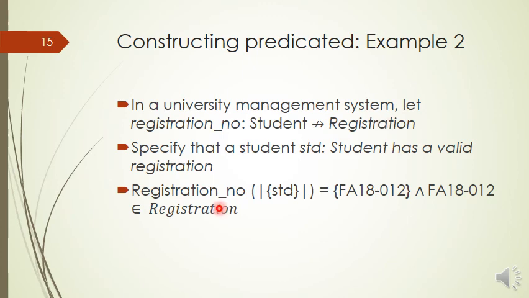Therefore, for the declared function registration number, we apply the relational image operator and pass that student STD as an argument, and it would return a registration number. And if this registration number belongs to this set registration, then it would be a valid registration number. So this whole predicate specifies that a student STD has a valid registration number.